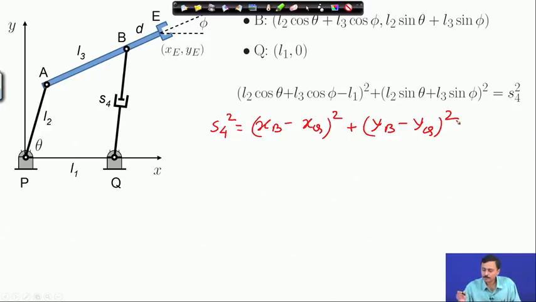Now, if you substitute these expressions, the coordinates of point B and Q, then you come to this expression.